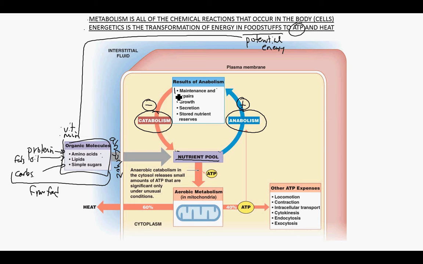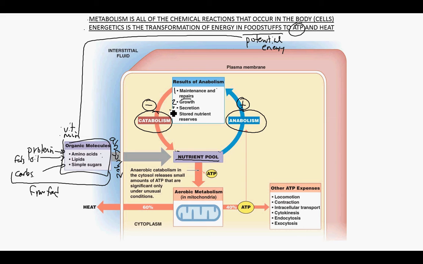So the cell's a busy place. The carbs, lipids, proteins get used to maintain that growth. Cells will grow and divide. We weren't always this size, right? So we get larger, we add more cells. And that also helps with repair. When you damage cells, they will regrow themselves.